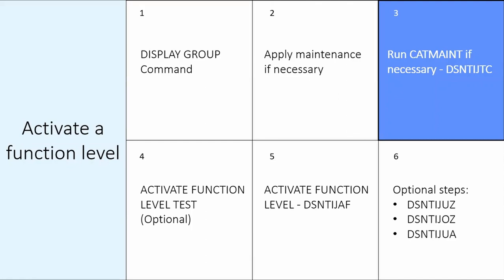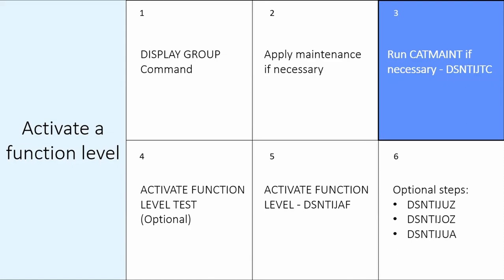And one important note here is that once you have set this code level for Db2, we recommend you do not attempt to start Db2 at a lower code level after this CATMAINT job for that higher function level has been completed. That just helps your system run better.